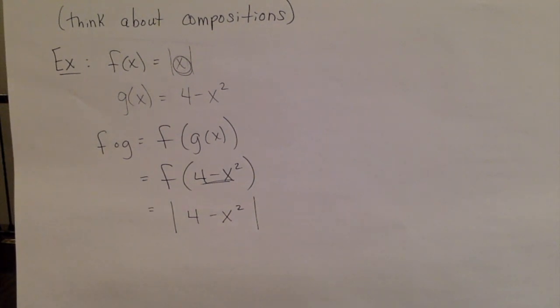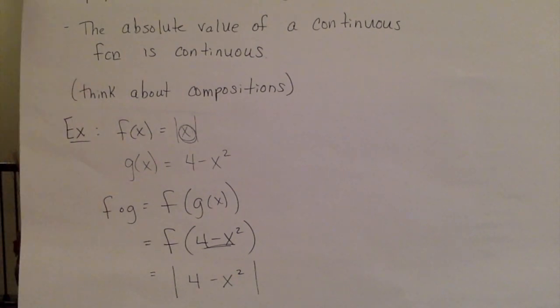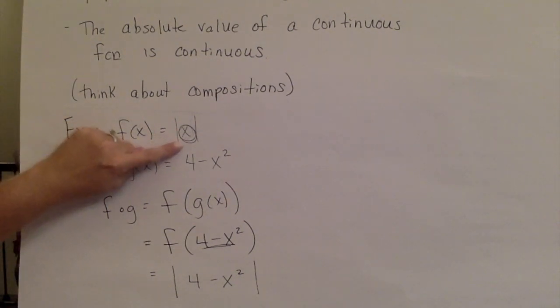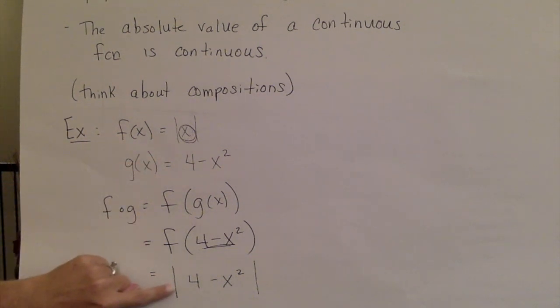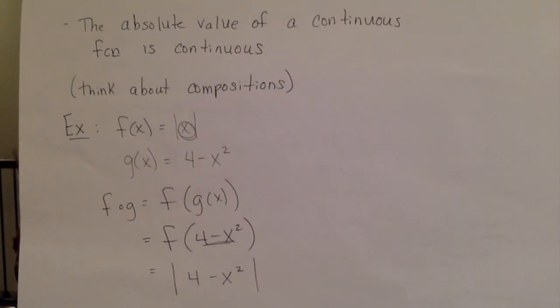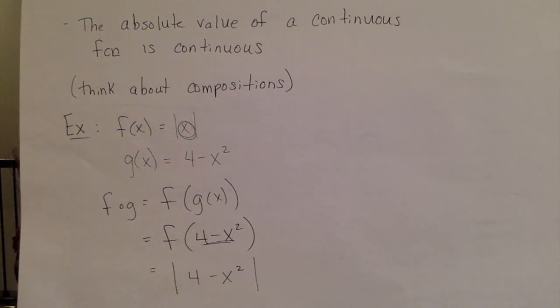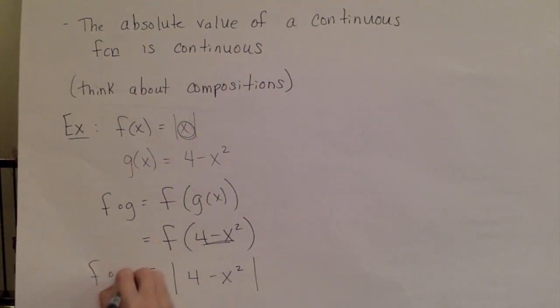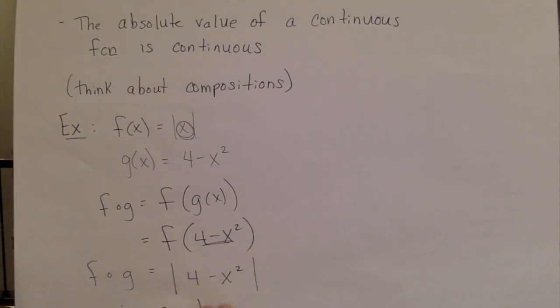So this is really another take on those compositions. If this is continuous and this is continuous everywhere, then their composition is continuous everywhere. So if the absolute value of x is continuous everywhere, the absolute value of a continuous function is itself continuous. Okay, f of g is continuous everywhere.